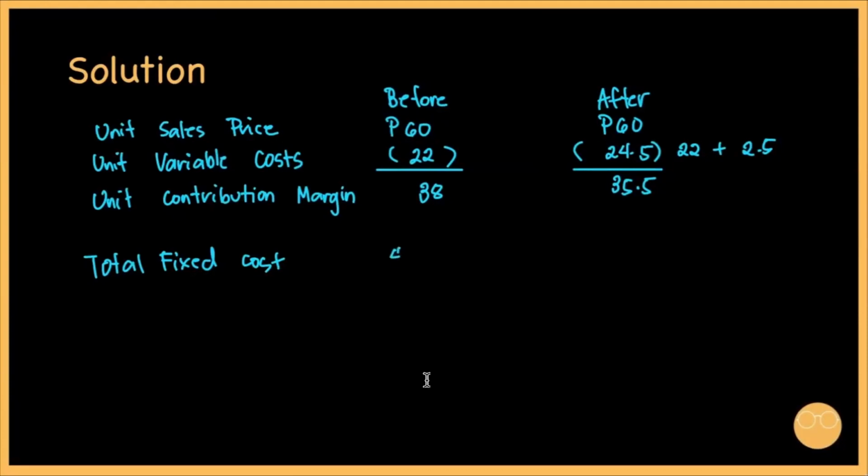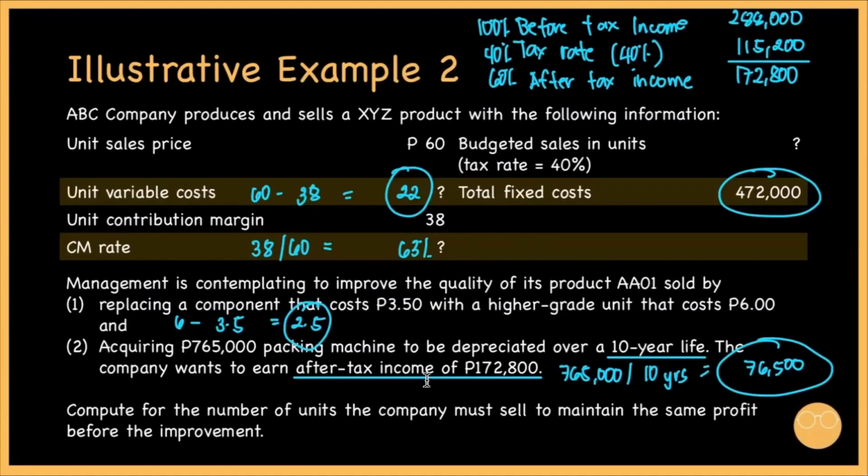Let's write it here, 472,000 plus the depreciation, 76,500. So our new total fixed cost is 548,500.